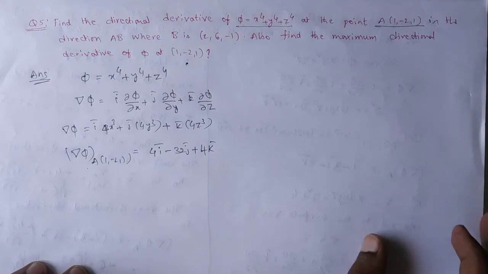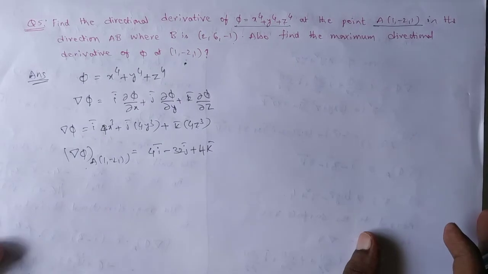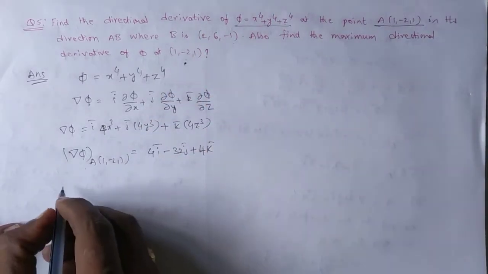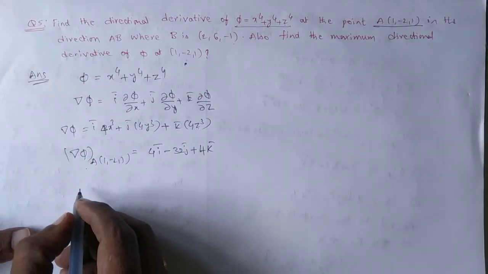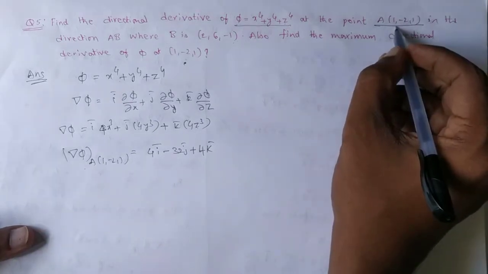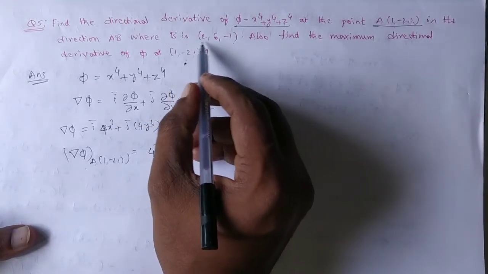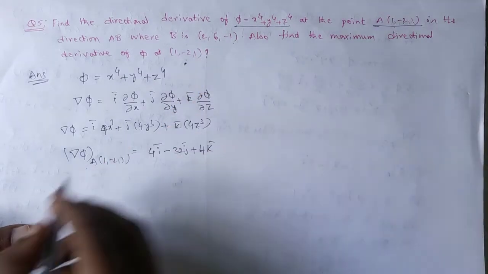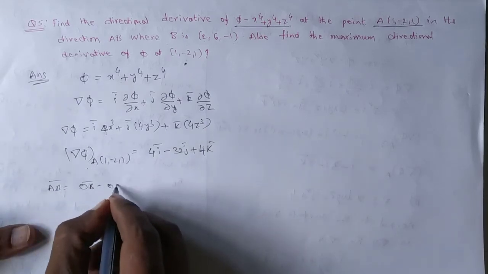And then we have to calculate the directional derivative of this function in the direction of AB. Which means that we need to know the unit vector in the direction of AB. So first we have to calculate the vector AB. The position vector OA bar equals i bar minus 2j bar plus k bar, and OB bar equals 2i bar plus 6j bar minus k bar. Now to calculate AB bar, it is OB bar minus OA bar.